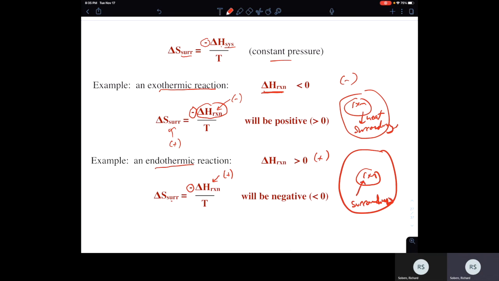The heat flows out of the surroundings. And so what's happening to the surroundings? The surroundings are losing heat, less motion, more orderly. And so delta S is going to be negative, which means it's becoming more orderly, not disorderly.